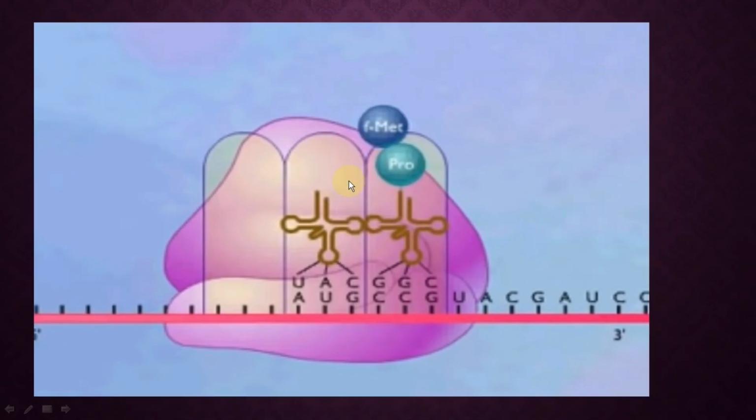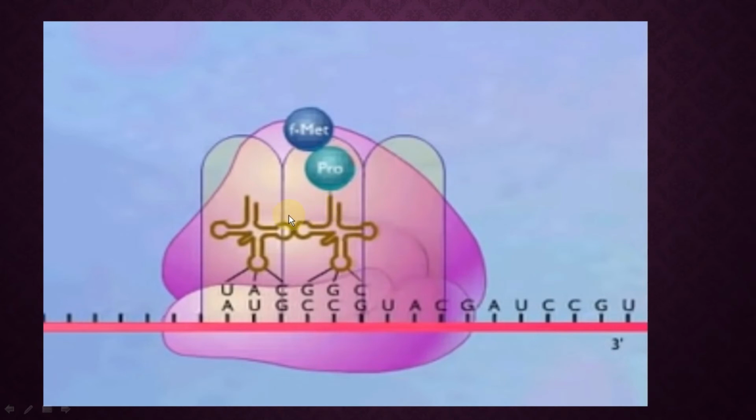Now what happens? Once the bonding is over, this tRNA releases its amino acid, that is methionine. The remaining, or you can say the empty tRNA, will exit through the E site. It releases its amino acid and exits from this side. What happens now? This is the A site, no? So this tRNA gets shifted, or forwarded, here.